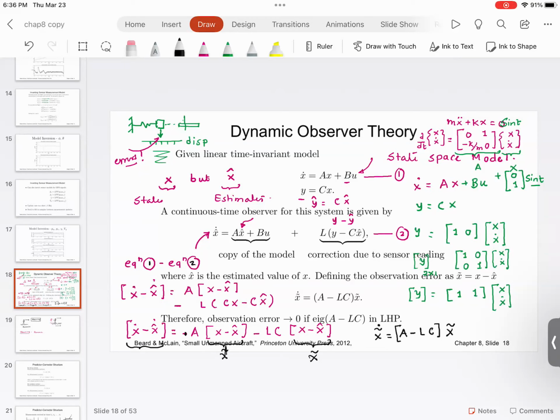That is where GNC engineers make a lot of money. Right now everything is linear. We will talk about non-linearity after some time, once we master linearity. Now I got an equation x tilde dot is equal to (A minus LC) x tilde. You agree with me?